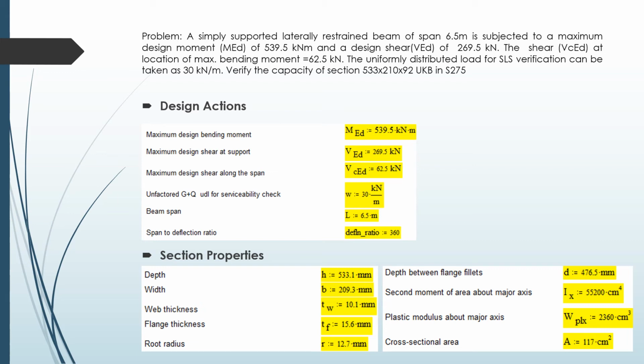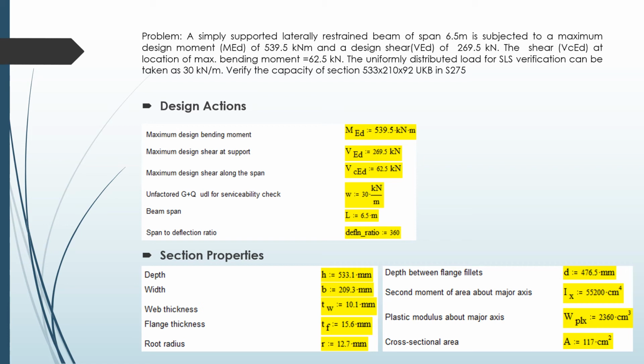The shear VCED at location of maximum bending moment is equal to 62.5 kN. The uniformly distributed load for SLS verification can be taken as 30 kN per meter. Verify the capacity of section 533 by 210 by 92 UKB in S275.